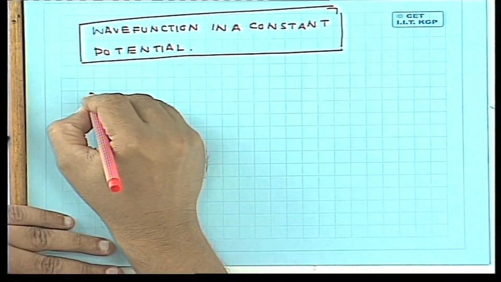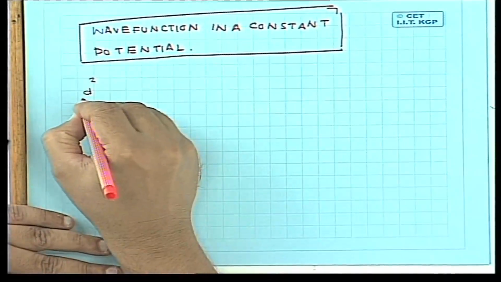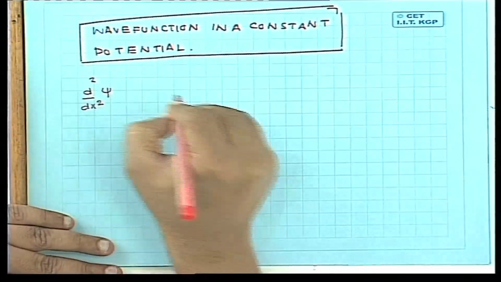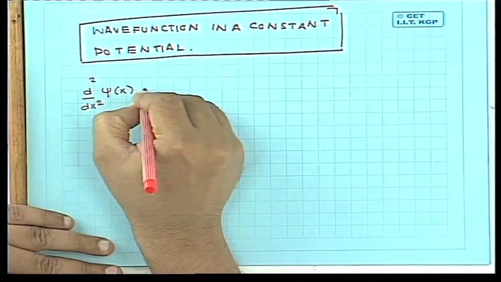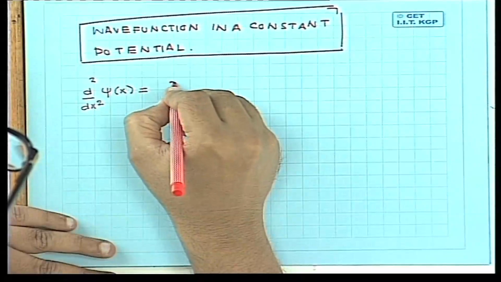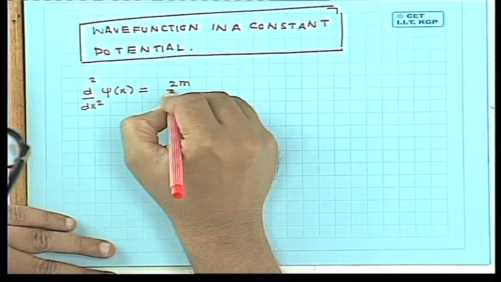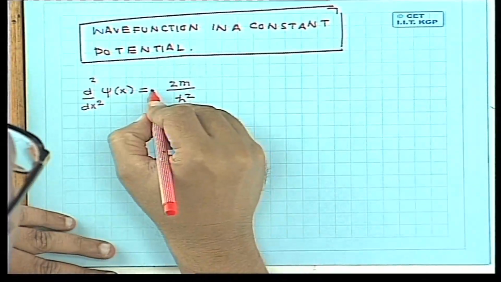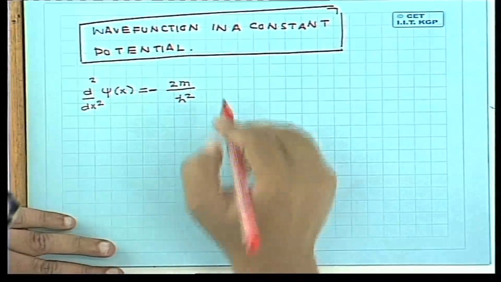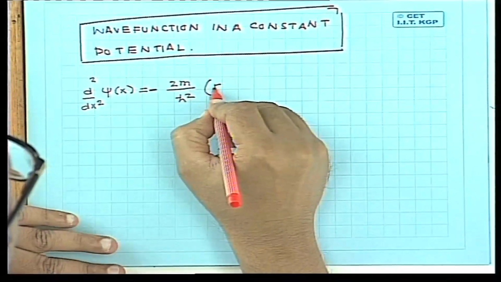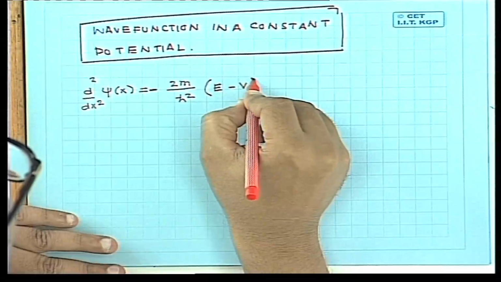So the equation is d squared psi by dx squared is equal to minus 2m by h cross squared times E minus V times psi.